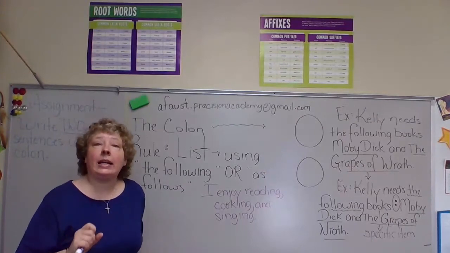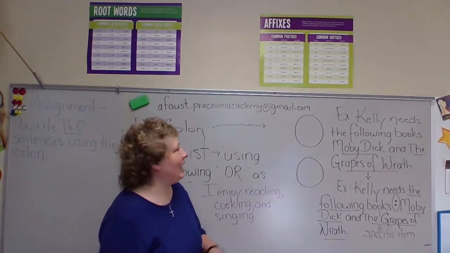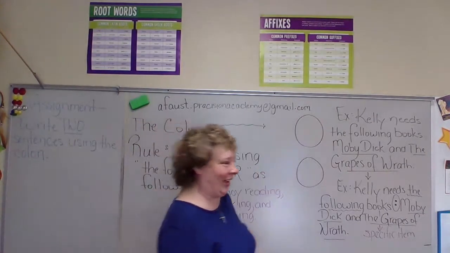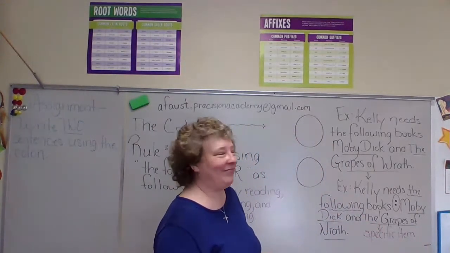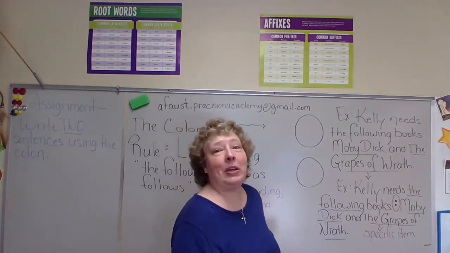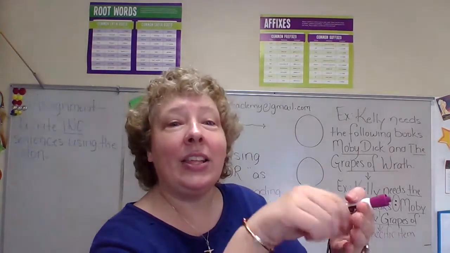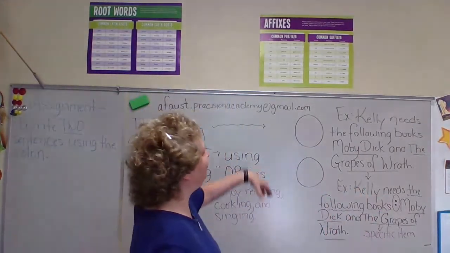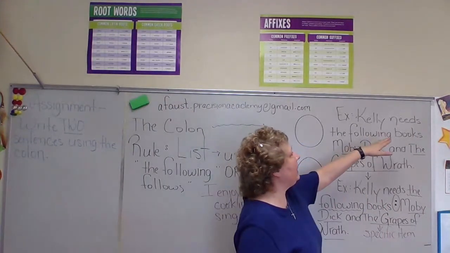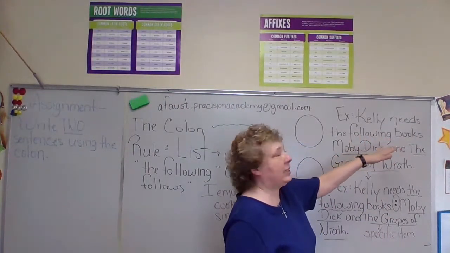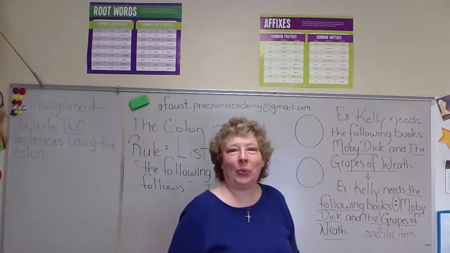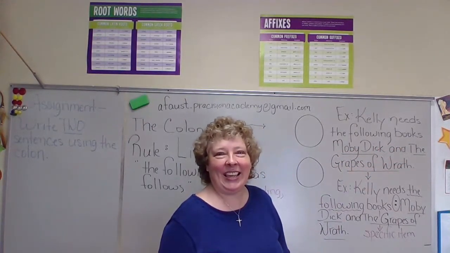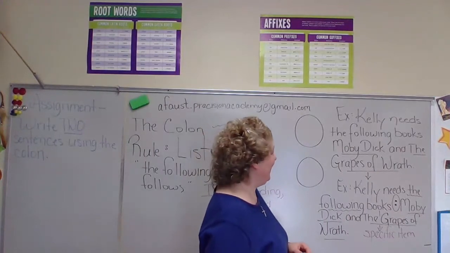So let's look at an example. Okay, right over here. Follow me. Here we are. Make sure you're getting all this down. Kelly needs the following books: Moby Dick and The Grapes of Wrath. Okay? All right.